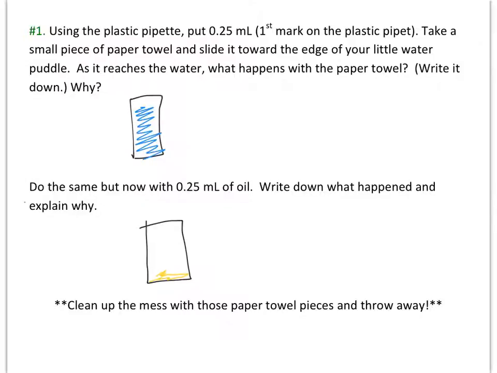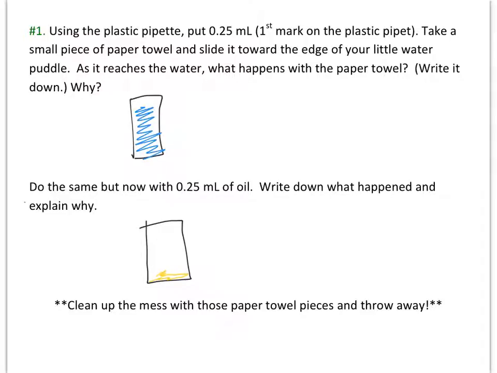So the first station was this paper towel station looking at water versus oil. You should have seen the water sort of travel up the paper towel, and once it hit the little puddle with the oil, you should have seen it not do that.